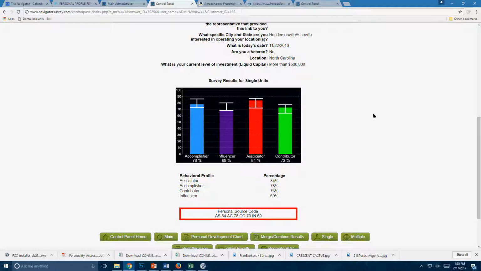Now, the reason why the franchisor would want to run this through with this individual is to see where the strengths and weaknesses are and what can be done to help increase the influencer score. And again, as I said, a couple of percentage points is very possible. You can change behavior a few percentage points in the Navigator.